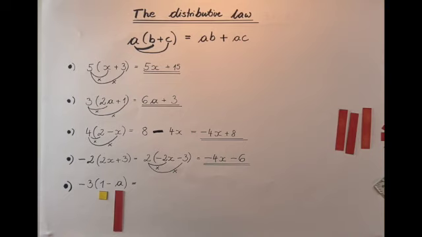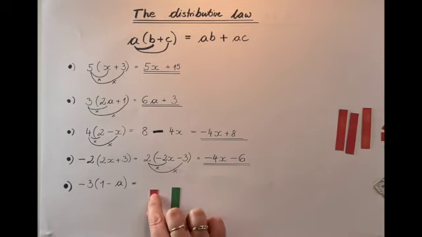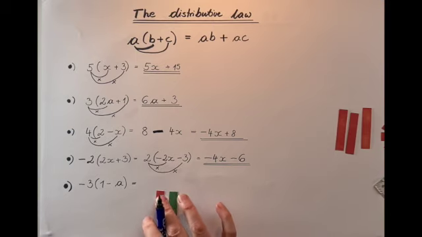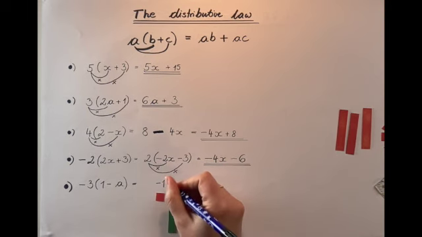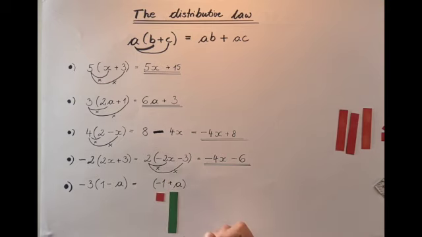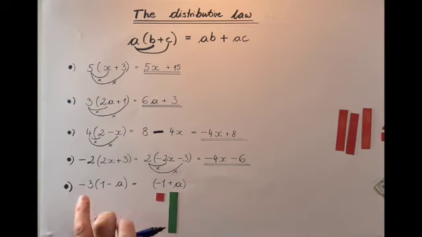And by doing so, we have to simply swap over, turn over our algebra tiles. That's what I did. So what do I get here when I apply my negative to the bracket? I get a negative unit and I get a positive a. And in front of our bracket, that negative is gone because I have applied it to my bracket already. So I only have that 3 here left.